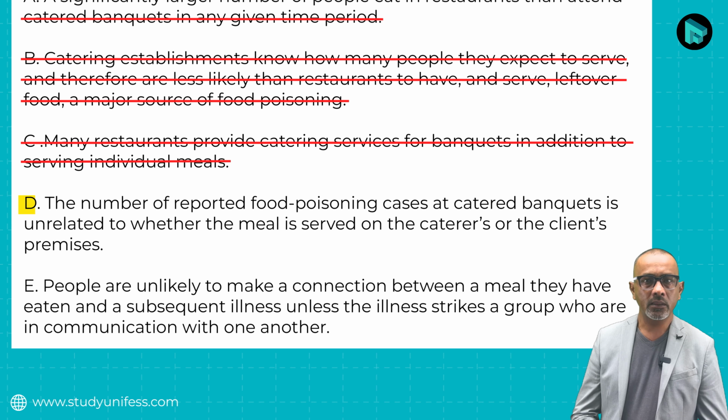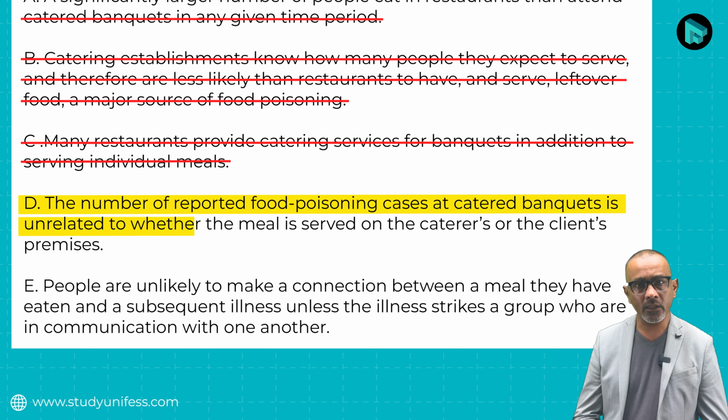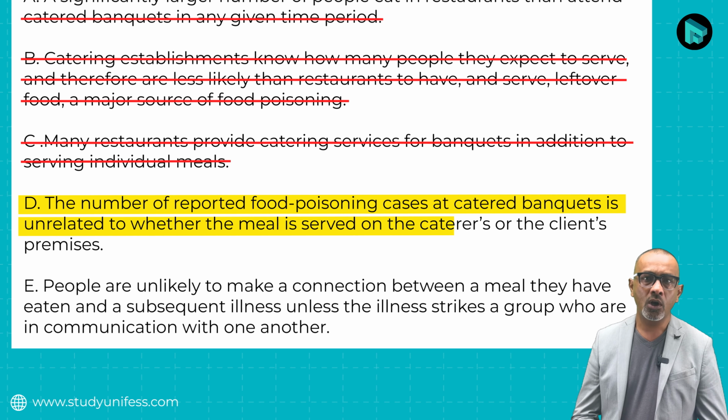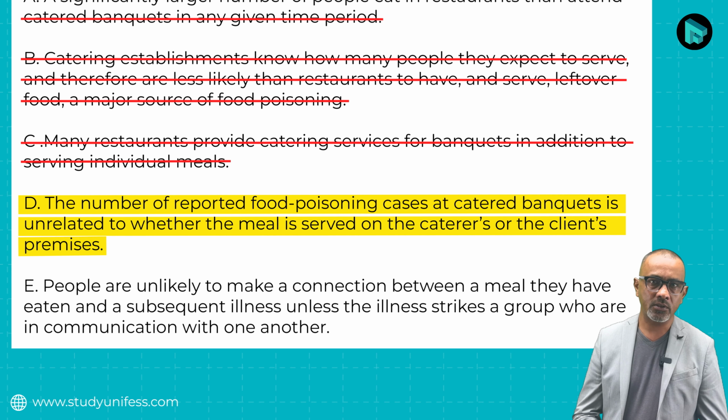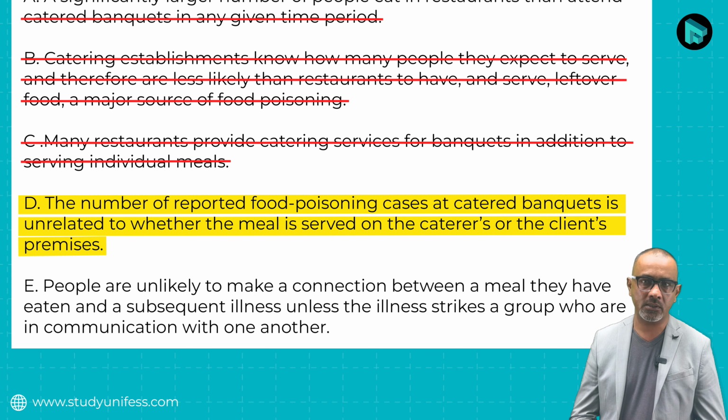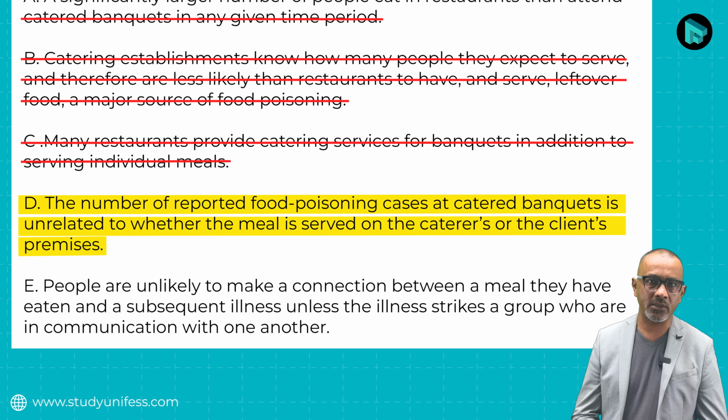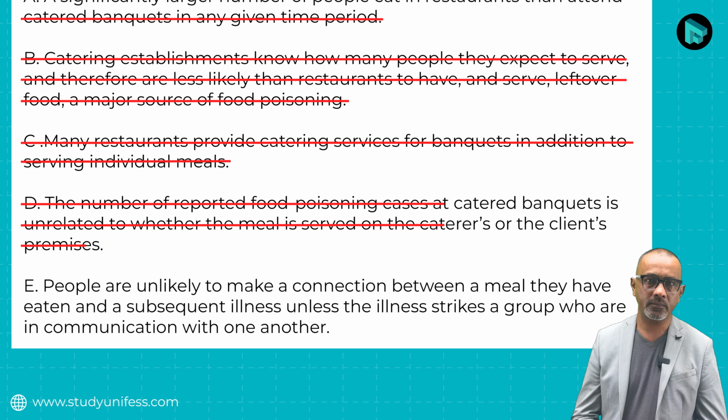Choice D: The number of reported food poisoning cases at catered banquets is unrelated to whether the meal is served on the caterer's or the client's premises. This is irrelevant to the resolution of the paradox. It doesn't explain why more cases are reported from banquets compared to restaurants.